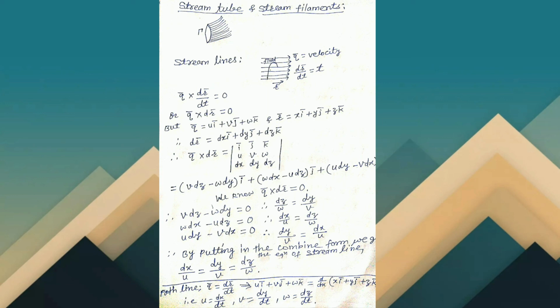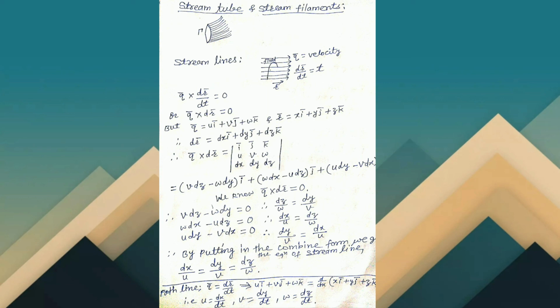Now comparing the coefficients of i bar, j bar and k bar on both sides, we get the equation of path. That equation is u is equal to dx by dt, v is equal to dy by dt, and w is equal to dz by dt.